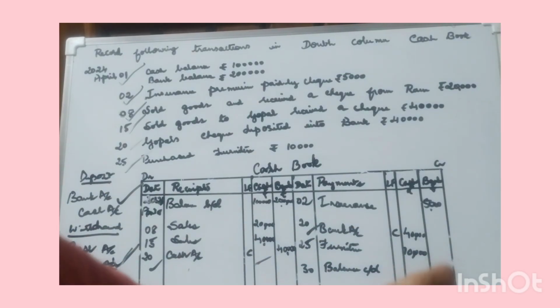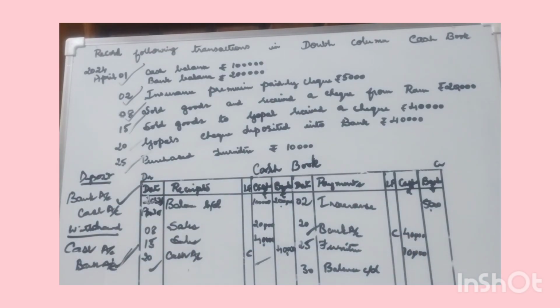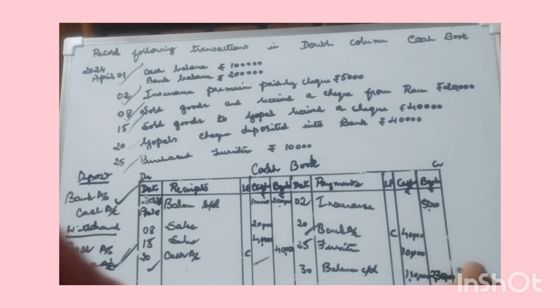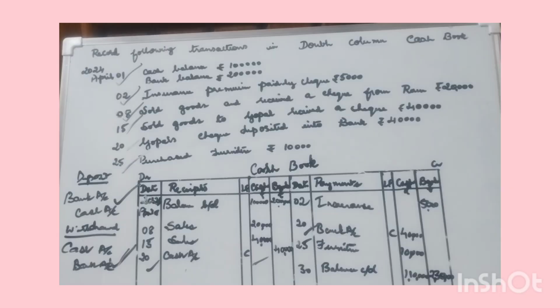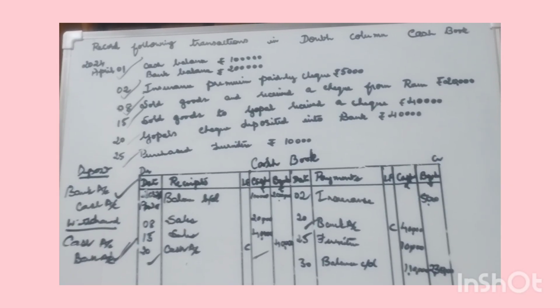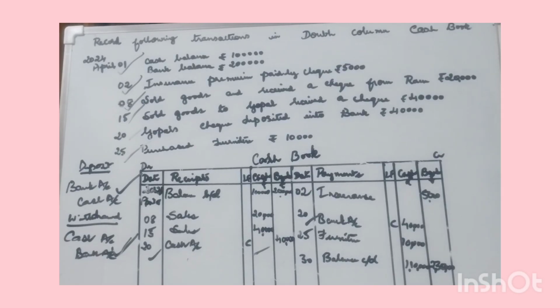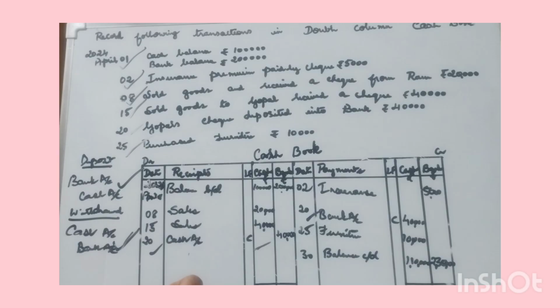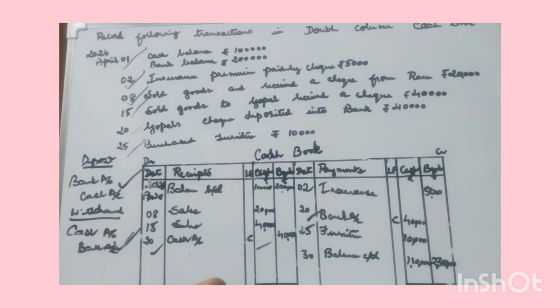From 1,60,000, as you deduct 50,000, you get a closing balance of 1,10,000. Once again, under bank column, 2,40,000 minus 5,000 will be 2,35,000. It has to be carried forward to the next month as balance brought down, opening balance.